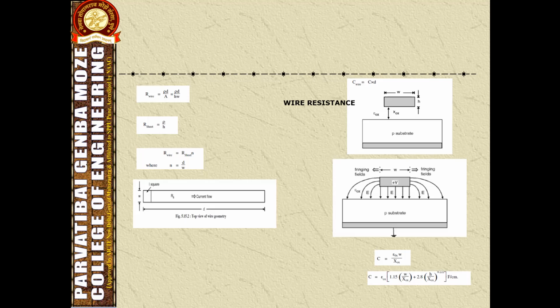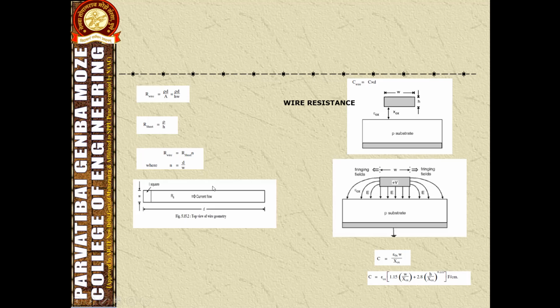Once R sheet is known, the total resistance of a line that has width W and spans a distance D is given by R wire equal to R sheet into N, where N is D by W, the number of squares of dimension W into W encountered by the current. This can be seen from the top view of the interconnect wire shown in this figure.